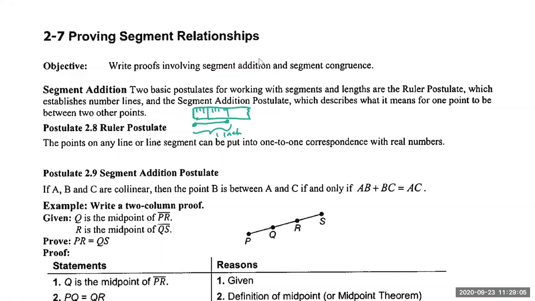A real number is just a number that is representative of, in this case, the measurement of the length of that segment. So we can use a ruler to determine the length of a segment, and that's all the ruler postulate really says. And postulate, again, is accepted truth.